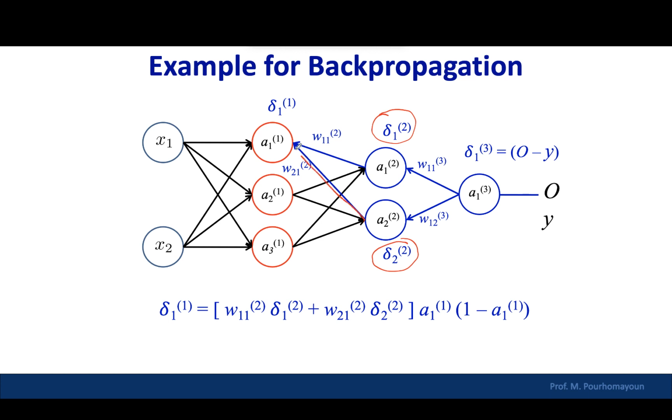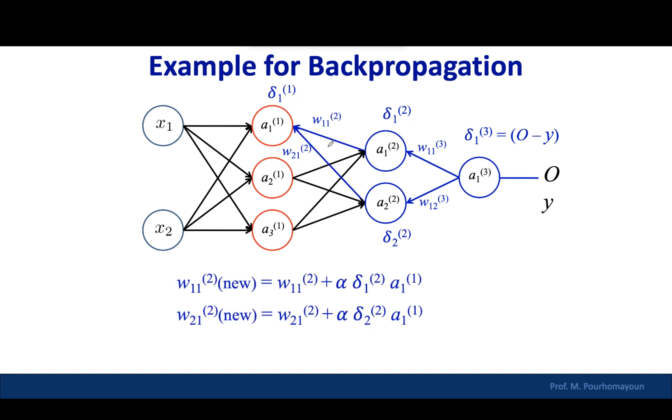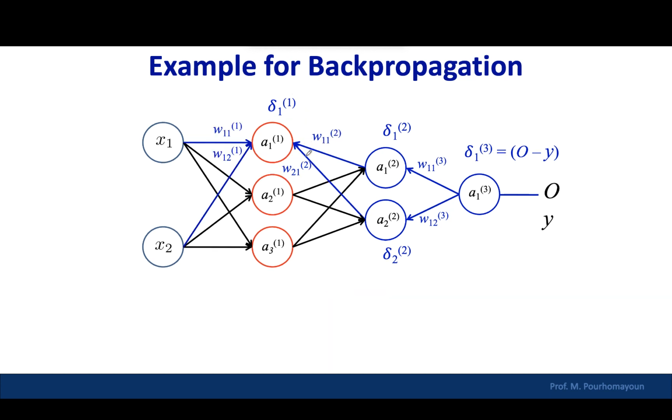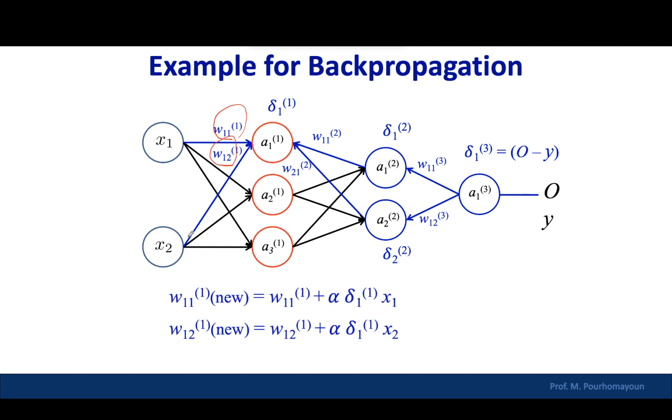Again, I backpropagate the error backward, find the error at this level, and then update this weight and this weight. So I started with completely random weights, and then I backpropagate the error and update these weights again. Next layer, I update these weights.